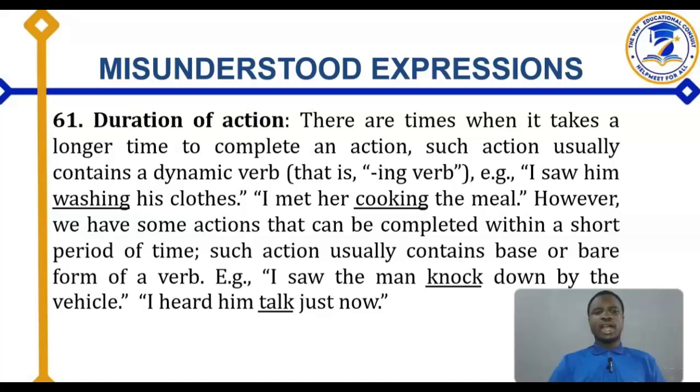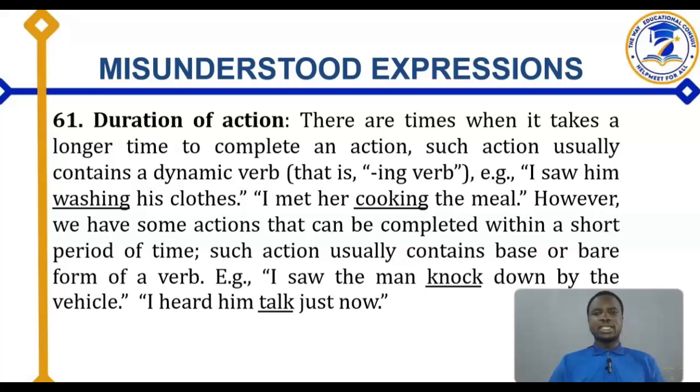Now, when you are dealing with a duration of time, there are some actions that are performed quickly, that is within a short period of time, whereas there are some actions that take a long time. Those that take a long period of time could be written by adding ing to show their progressive or continuous form.